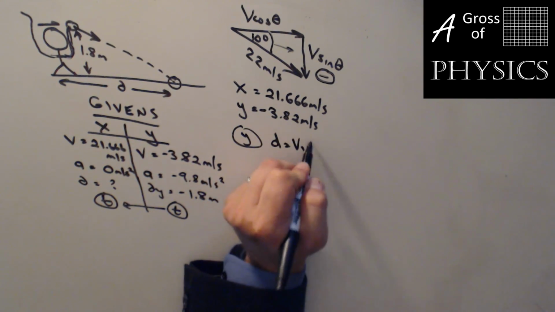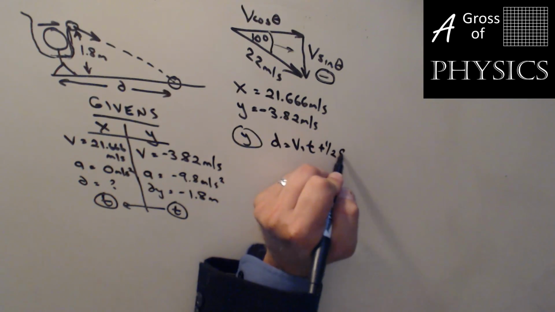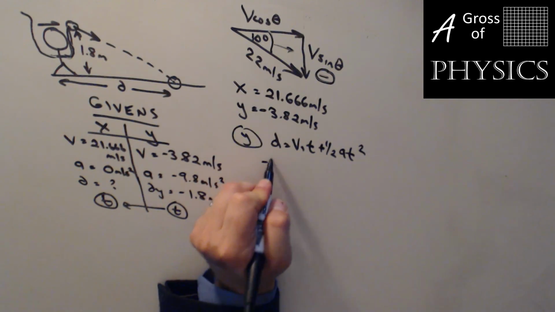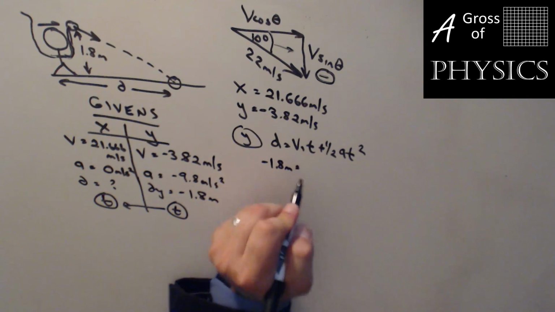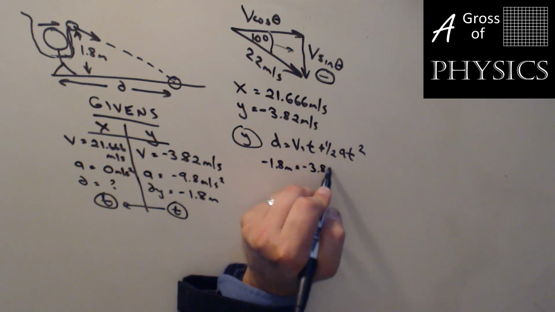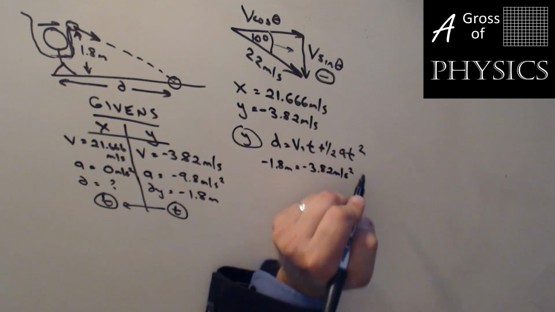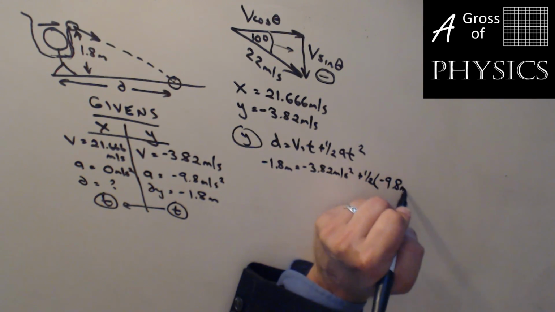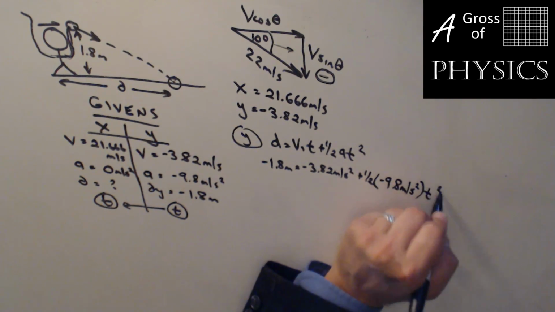d equals vi t plus 1/2 a t squared. And negative 1.8 meters equals negative 3.82 meters per second t plus 1/2 negative 9.8 meters per second squared t squared.